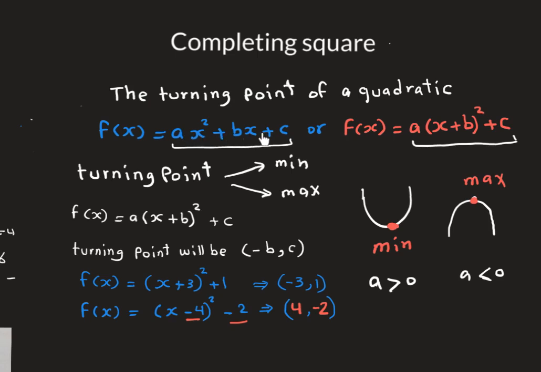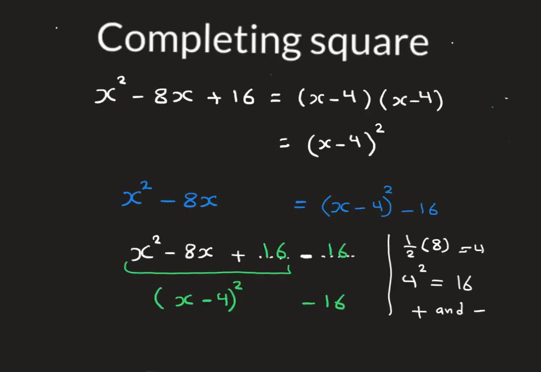Now, if we have the standard form, how do we convert standard form to vertex form, then find the turning point? If we have the quadratic function in standard form, x squared minus 8x plus 16, how do we write it in vertex form? Let us factorize.